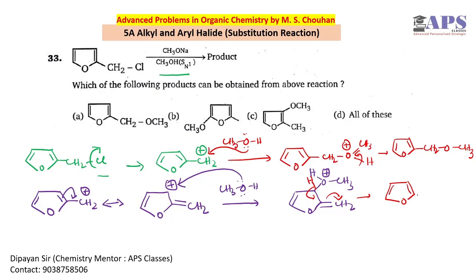By this process we can have this kind of final product. So already we have option A, now we have option C.